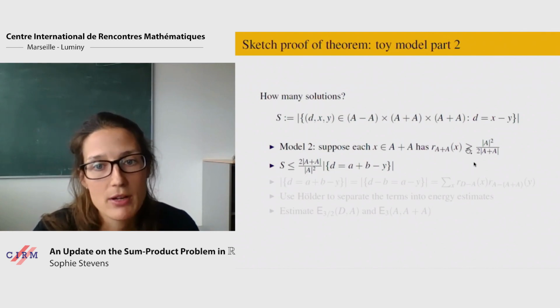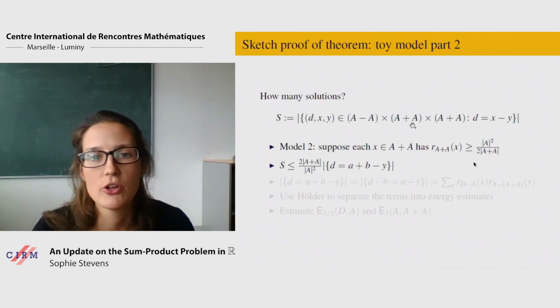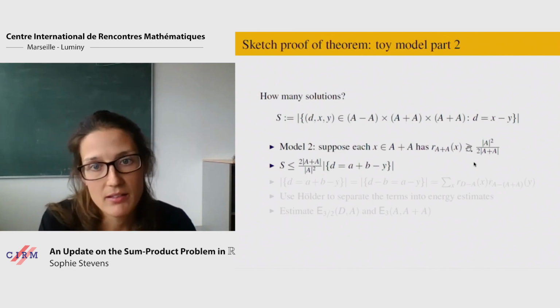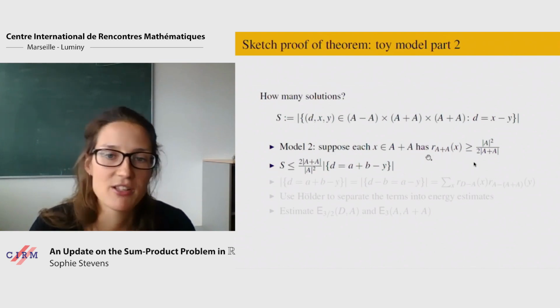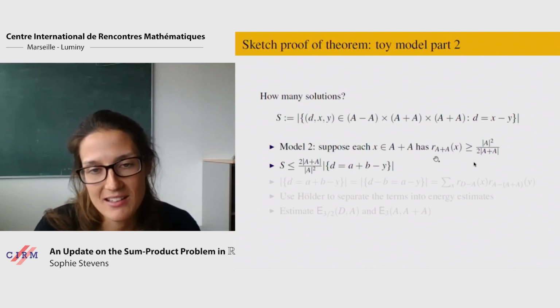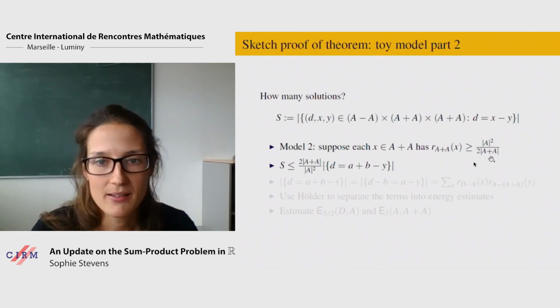Let's assume that every x that we chose here was popular, popular in the same sense that Yuri has used previously, saying that every element x can be represented as a plus a in at least half times the average number of ways.